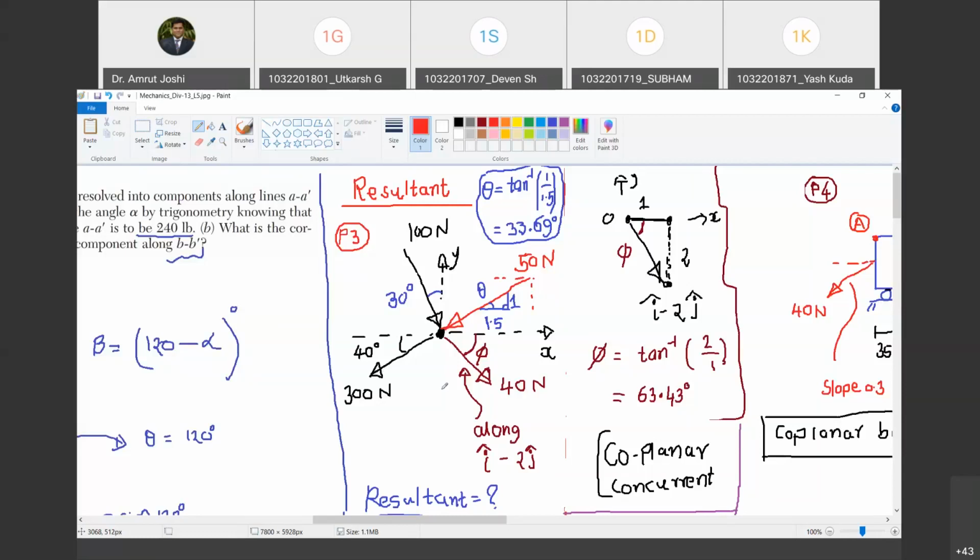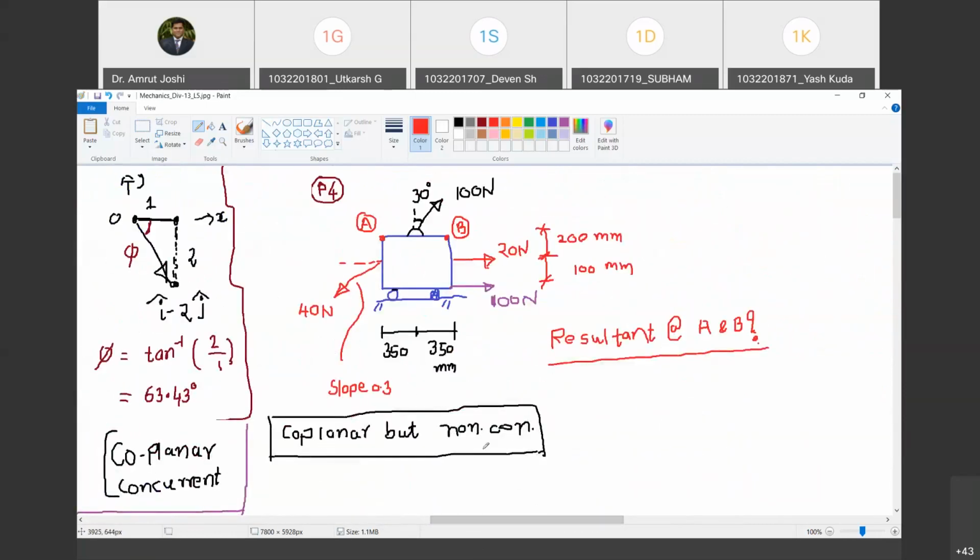Are you with me? Yes. But the moment it becomes a coplanar, non-concurrent force system, the narrative has changed. You need to find out now the resultant at A and B. Are you with me? So the point is specified. Happy? Yes.